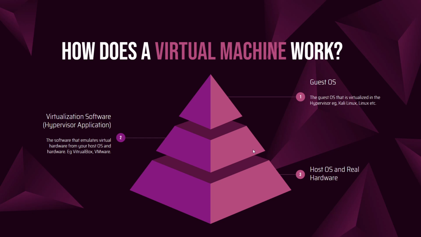We are going to use the virtualization software, which will emulate all of that for us. It will create digital copies or digital clones of a hard disk, RAM, or a CPU, so that the guest operating system sees it as real hardware and we can install it.